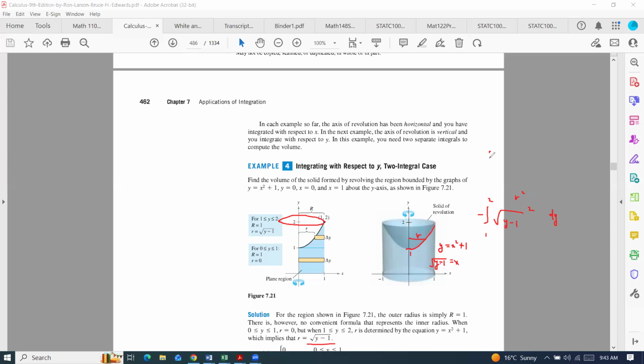And you can use the formula for the volume of the cylinder if you want, or you can just integrate from 0 to 2 with respect to y, and the radius capital R will be the same as 1, right? R is equal to 1. When you rotate again about the y-axis, it is 1, so 1 squared dy, of course with pi in front of this guy as well as in front of the other.